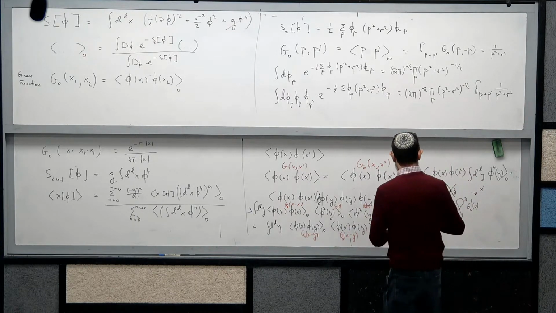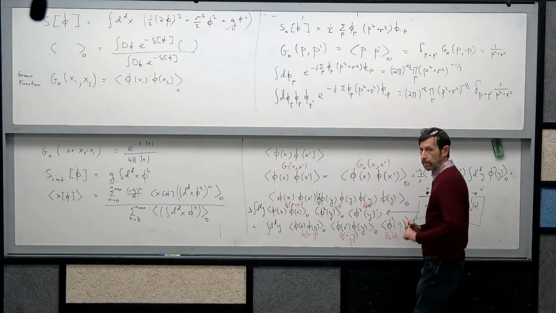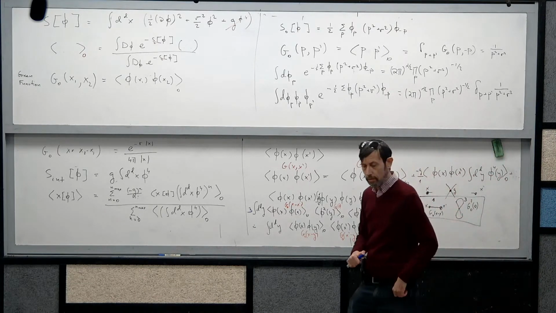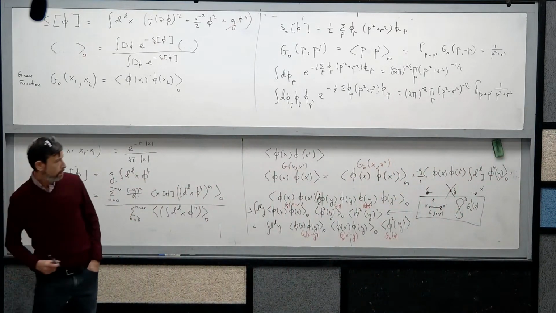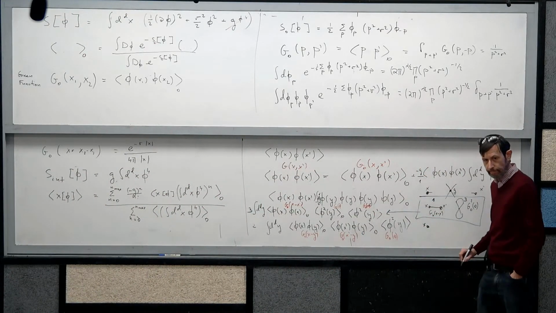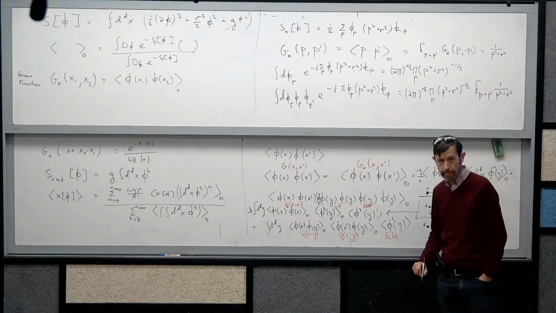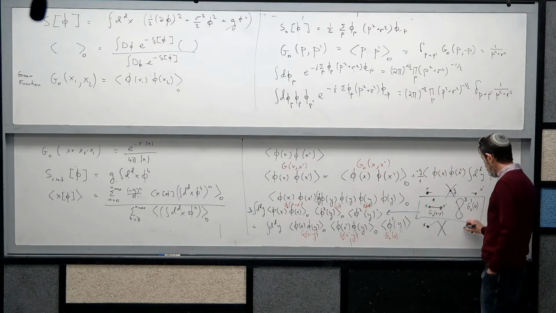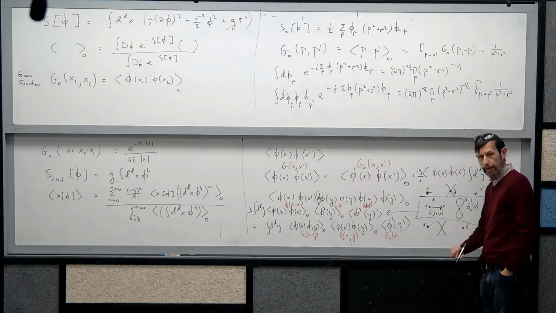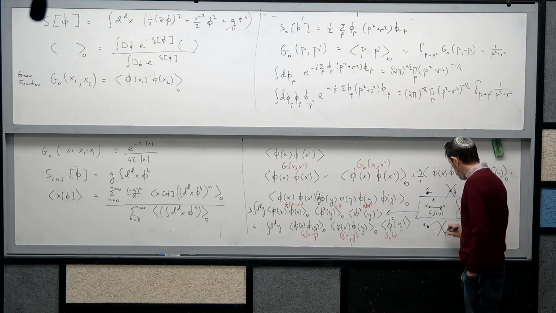Okay, what else? So this is this 2. What else can I do? I can take my x, connect it to one of these, take my x prime and connect it to one of these.